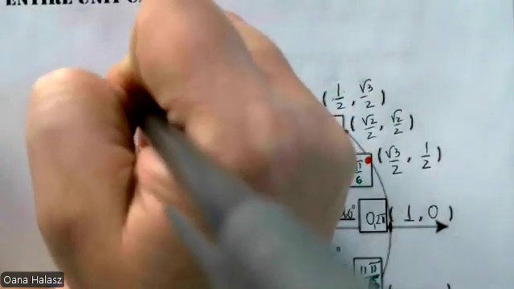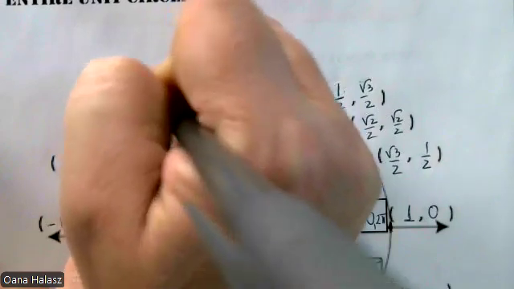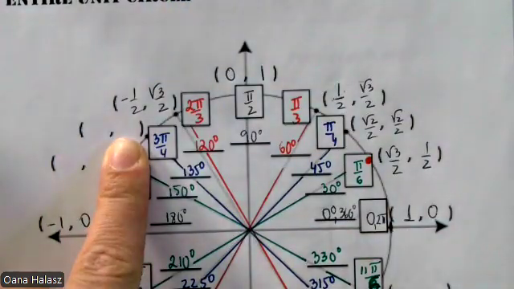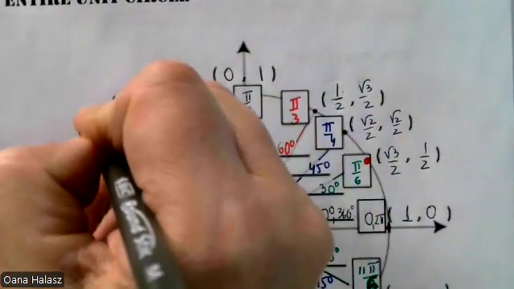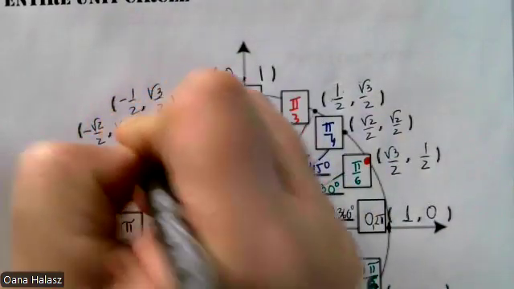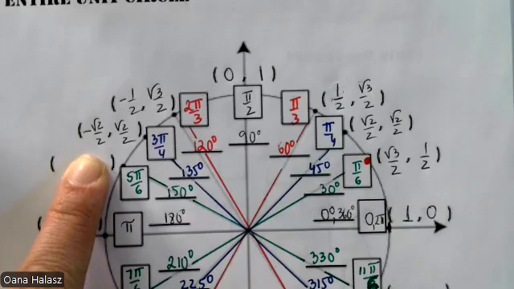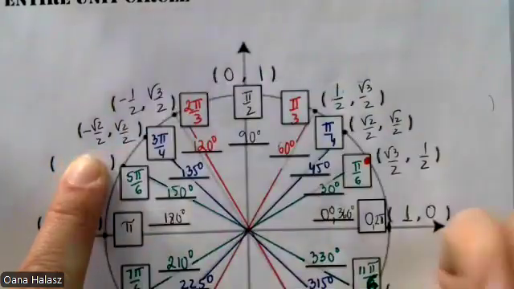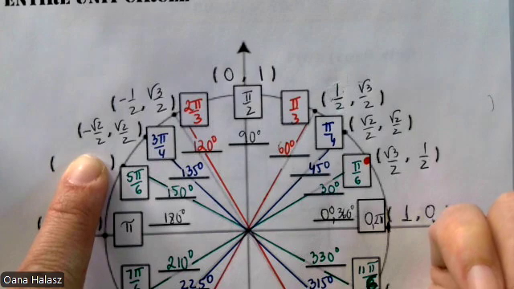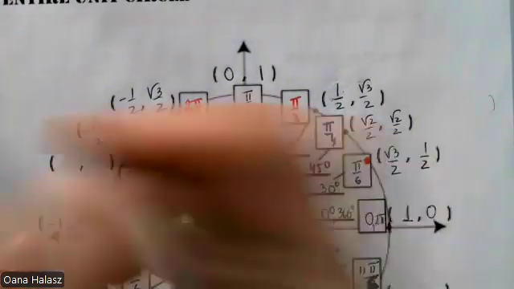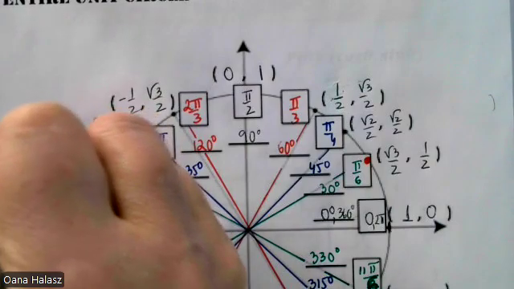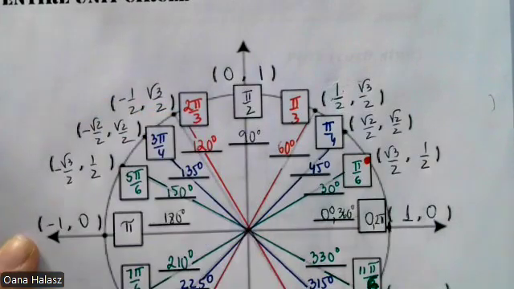So -1/2, square root of 3 over 2. The 3 pi over 4 is going to be negative square root of 2 over 2, square root of 2 over 2, because you're in quadrant 2, you just do a horizontal reflection, so x's are negative. And in quadrant 2, 5 pi over 6 will be negative square root of 3 over 2 and 1/2.